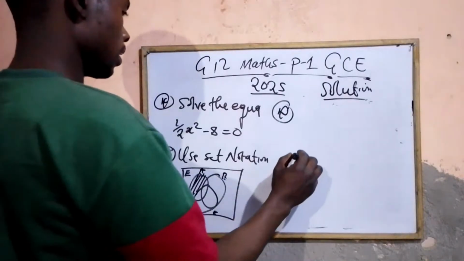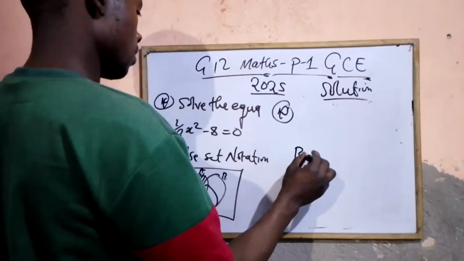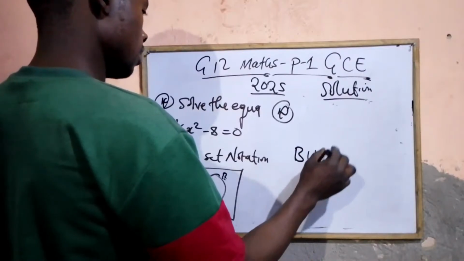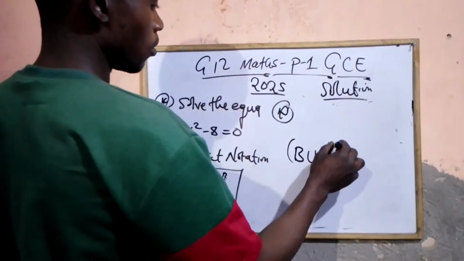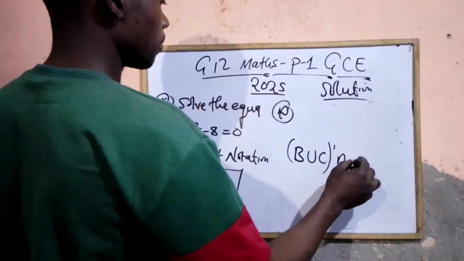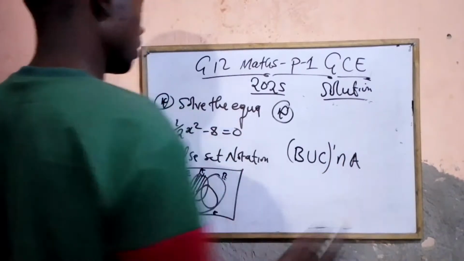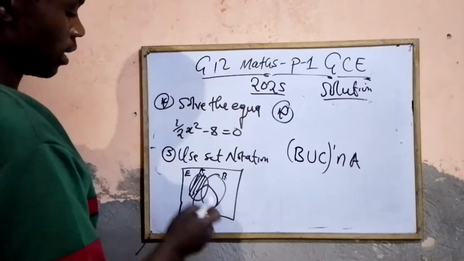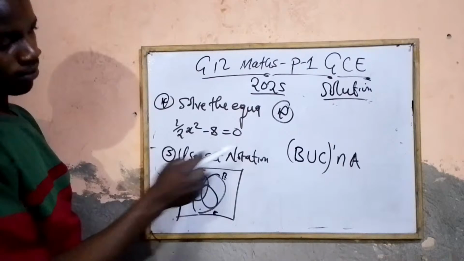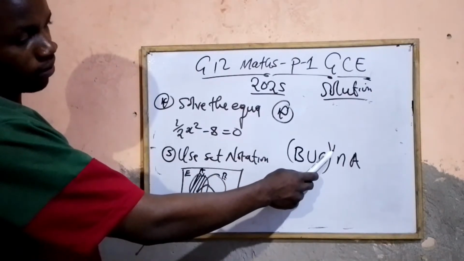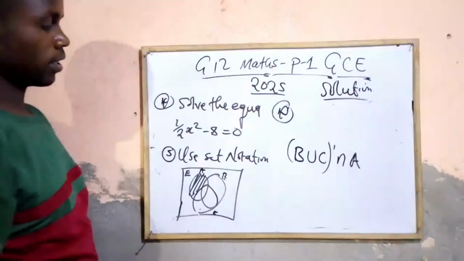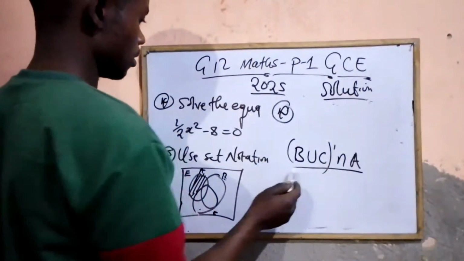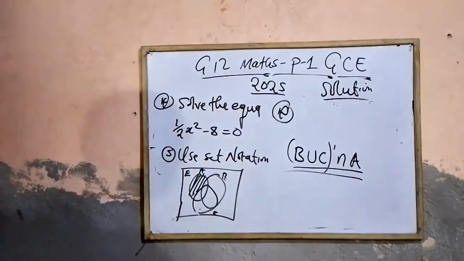So we are going to say B union C, bracket, complement, intersection A. That means these values which are here are not found in the set, so that's why we have introduced complement. So this is the notation which we are asking for.